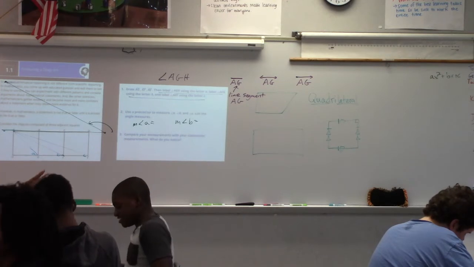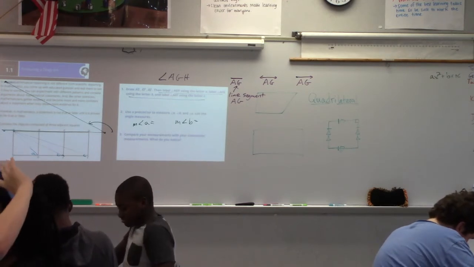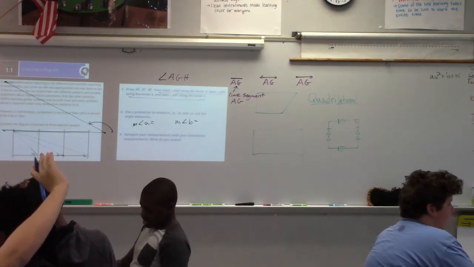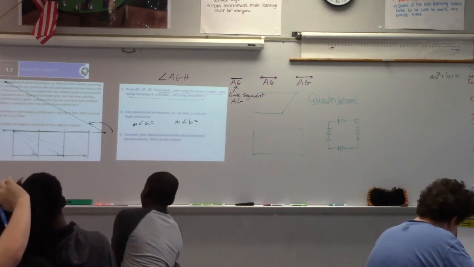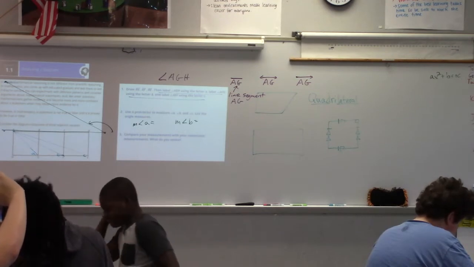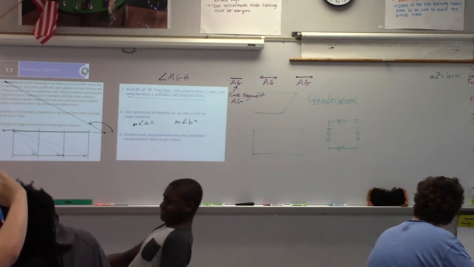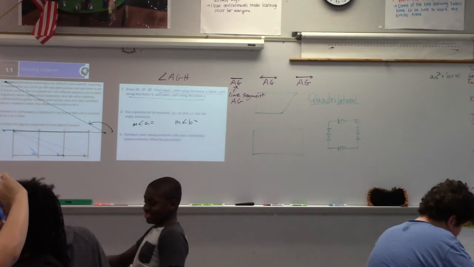Okay. Have you measured your, you only have 2? Joey, where's your book? Why have you not gotten it out, man? Come on, dude. Well, let's get it out. Let someone else borrow your protractor for now.